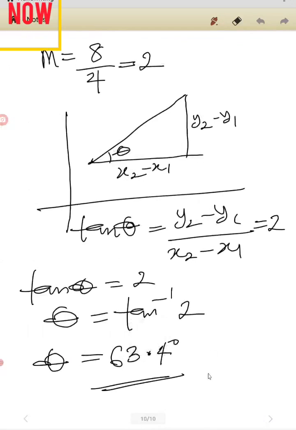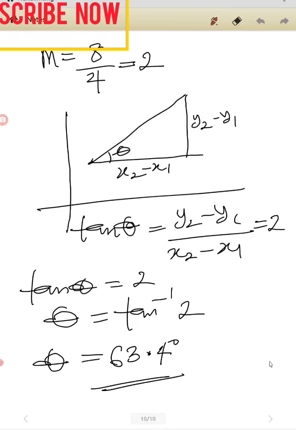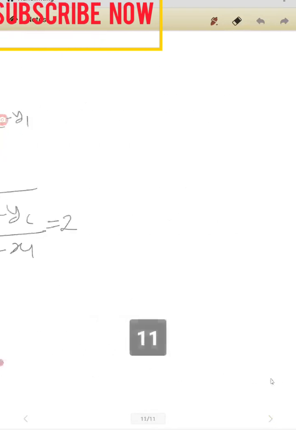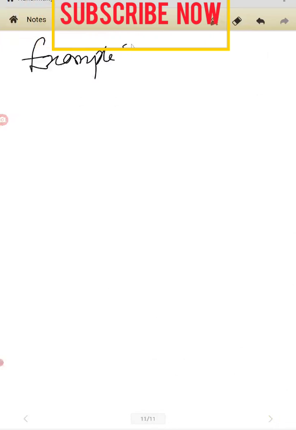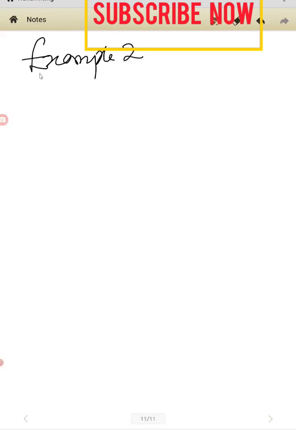For better explanation, let's also find another meaningful example. Let's say example 2, maybe in another form.